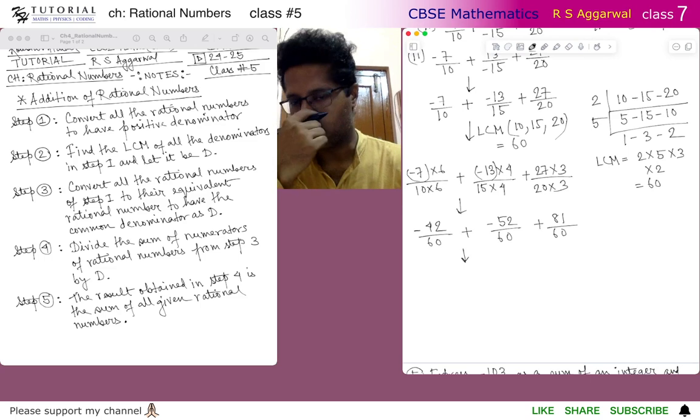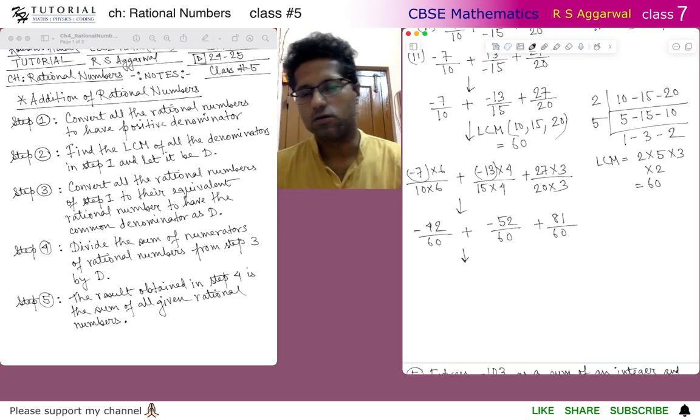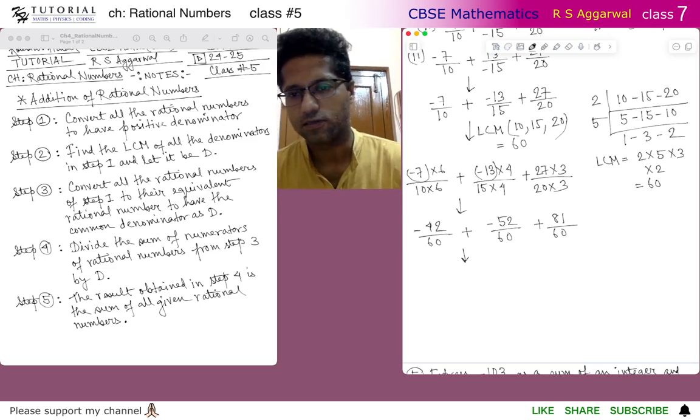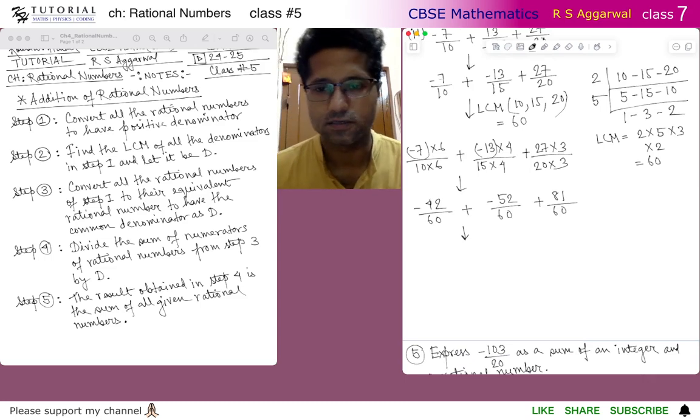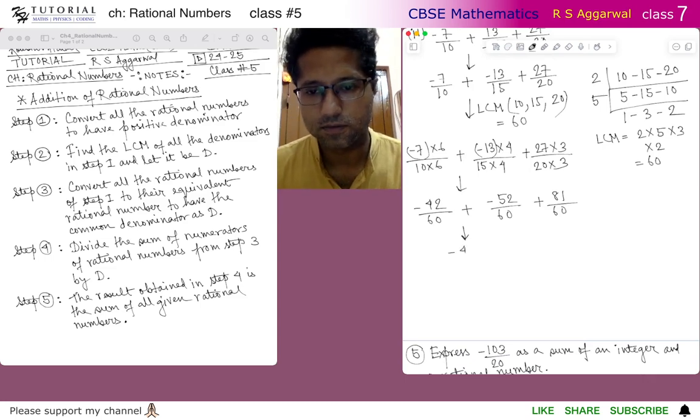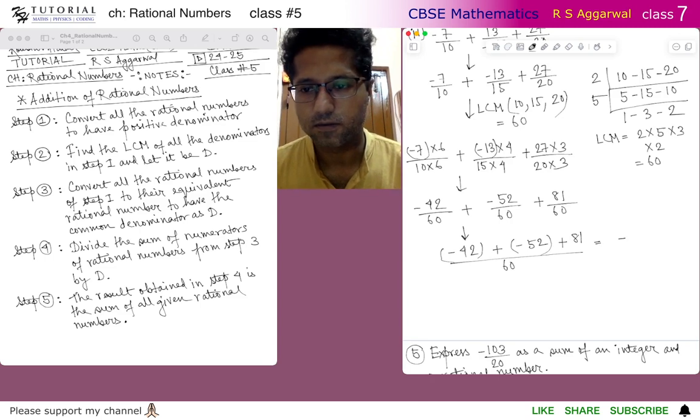Since the rational numbers have the same denominator, 60, we will simply add the numerators and divide the sum of the numerators by the common denominator, that is 60. So this becomes minus 42 plus minus 52 plus 81 divided by 60. This is minus 94 plus 81 by 60.